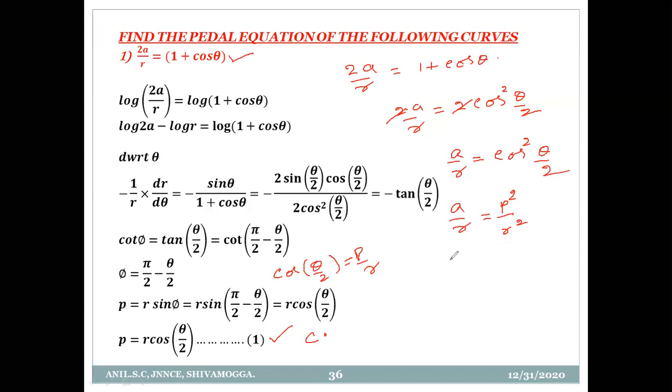Therefore, a into r square divided by r is equal to p square. Cancel this r with this r. Therefore, p square is equal to ar. This is what we call the pedal equation.